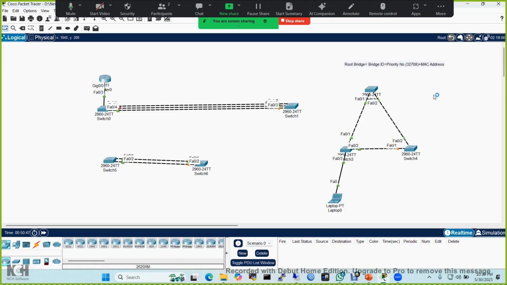All the interfaces will be in the designated role. And what is the root role? For the non-root switches, there is a port for reaching the root bridge with the lowest cost. With the lowest cost, it will be the root role.